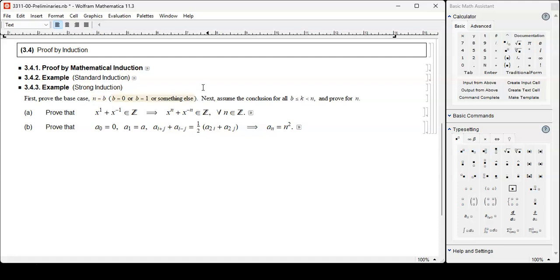The problem will explicitly tell you. Next, assume the conclusion for all integers greater than or equal to the base case and less than n. Not just one integer and going for the next, but you have to use all integers here and then prove for n. So that's a bit harder.